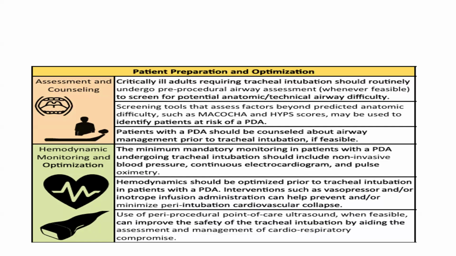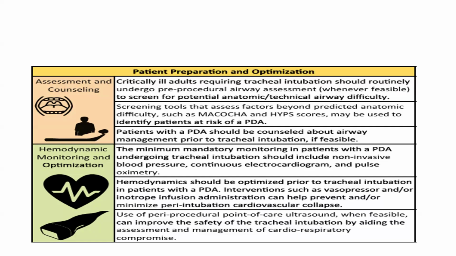About hemodynamic monitoring and optimization, the minimum mandatory monitoring in patients with physiologically difficult airway undergoing tracheal intubation should include non-invasive blood pressure, continuous ECG, and pulse oximetry. Hemodynamics should be optimized prior to the tracheal intubation.